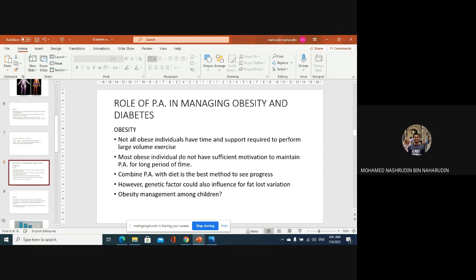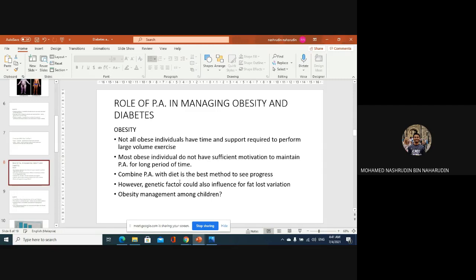Therefore, to improve their obesity level or reduce their body weight, you also have to combine your training program with a negative energy balance diet, okay, to see a better result.